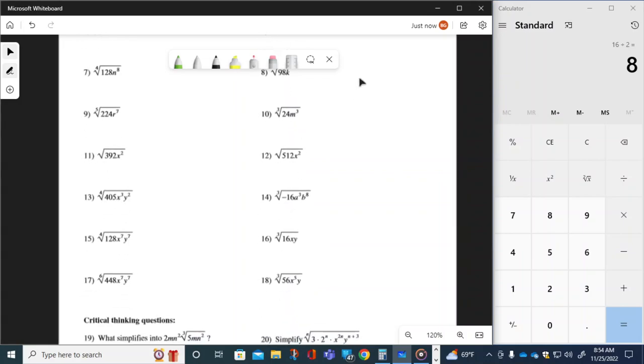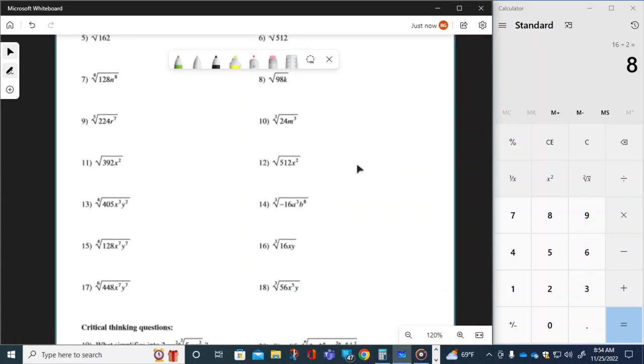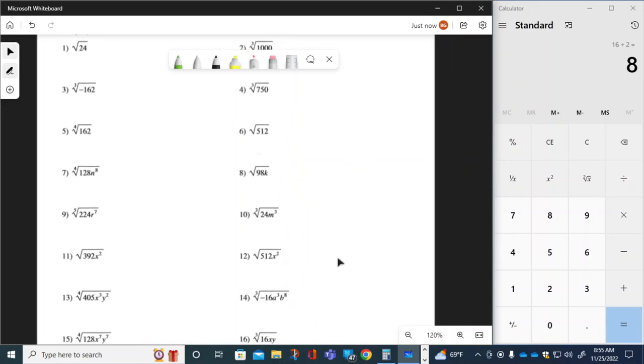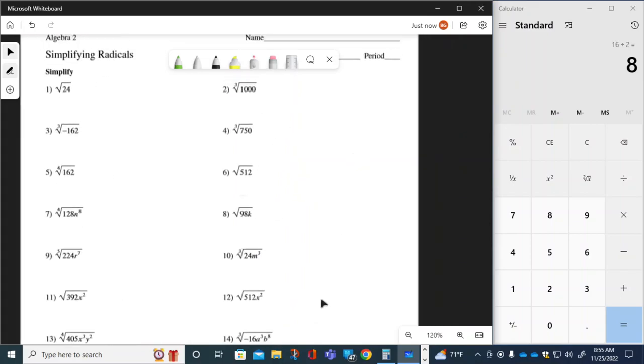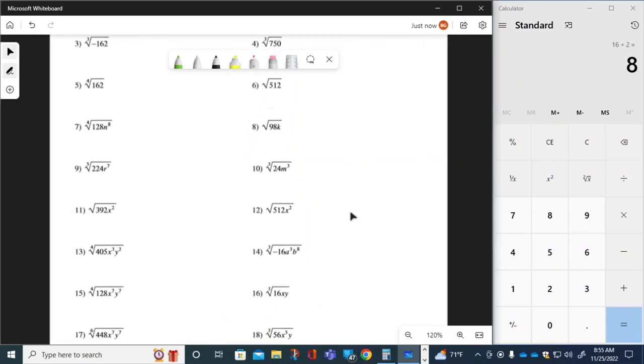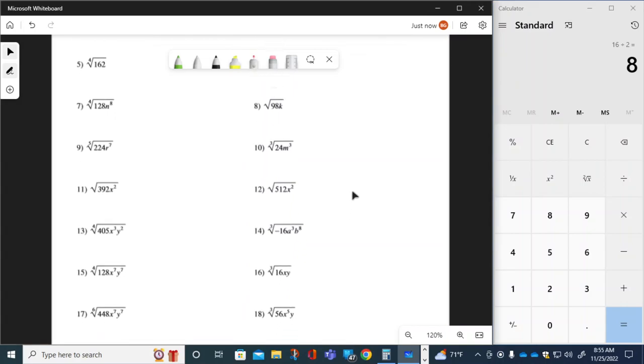So actually no, you're going to do from 7 to 18. So make sure you take note of this, because the first part you already did.